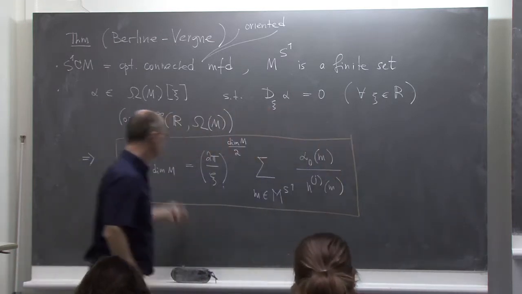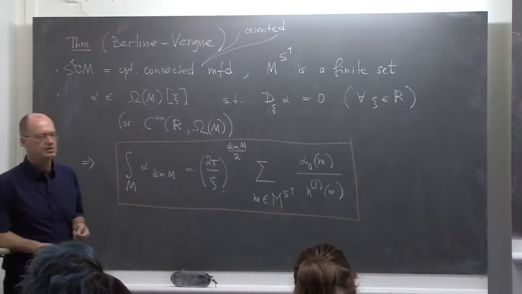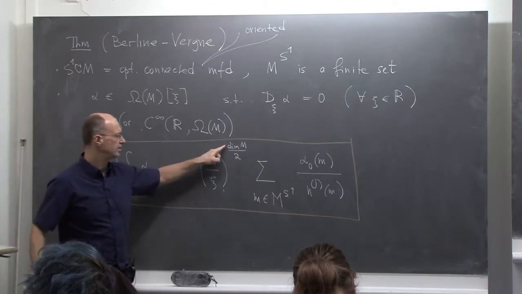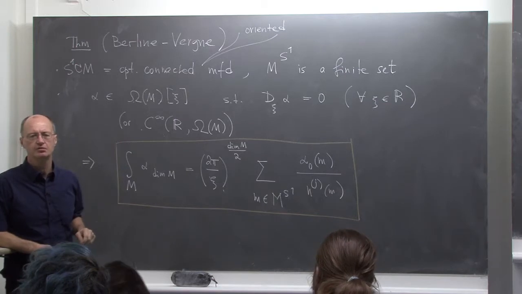Maybe I need to make several remarks about this formula, but first let me ask a test question. How do we know that the dimension of M is even? What if it's odd?